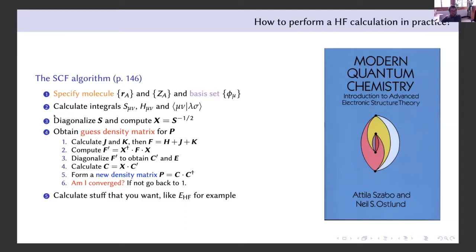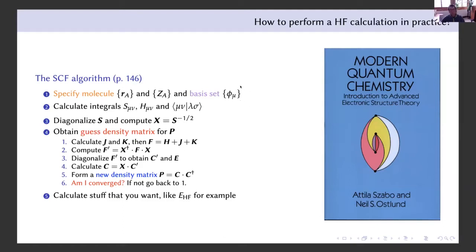So after, you need to compute your orthogonalization matrix that we usually call X. And we're going to talk a little bit about it. Vincent had a slide about it, but we're just going to talk a little bit more, because I think that's something that is important. So why do we do it? That's very important to understand. It is that the atomic orbital basis set, so this one there, is a non-orthogonal basis.